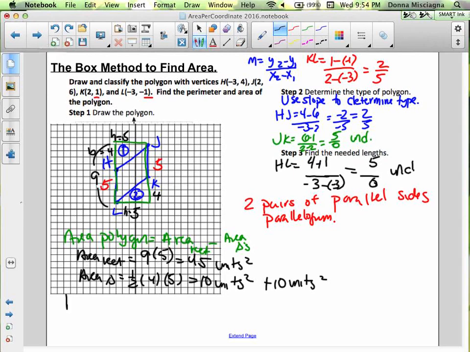So the area of the polygon is going to be the total.